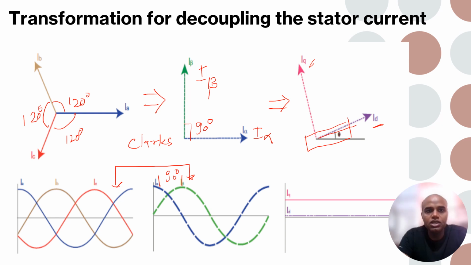So the rotor reference frame DQ is nothing but the D and Q axes, in which the D axis is along the N-S pole, or along the flux vector of the rotor, and the Q axis is at 90 degrees to the D axis.